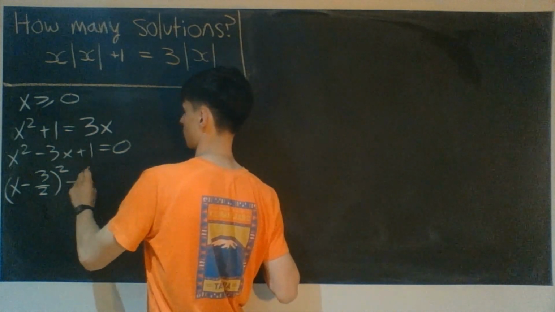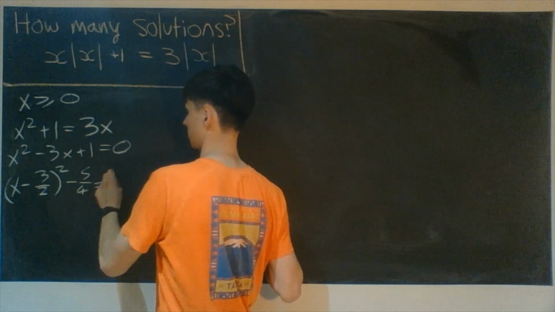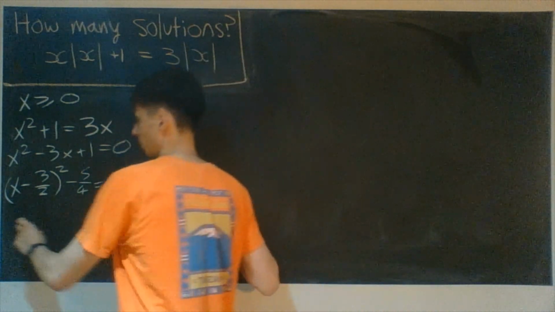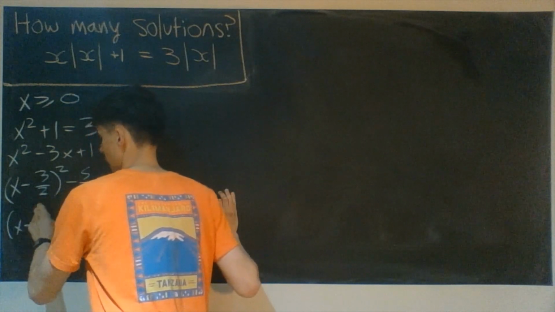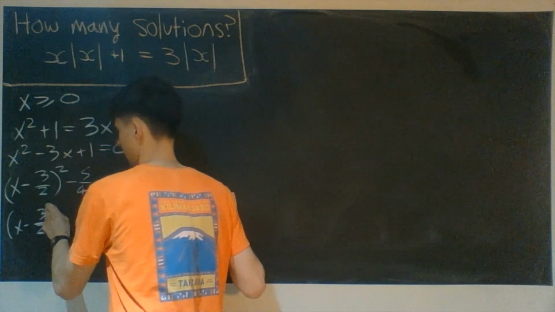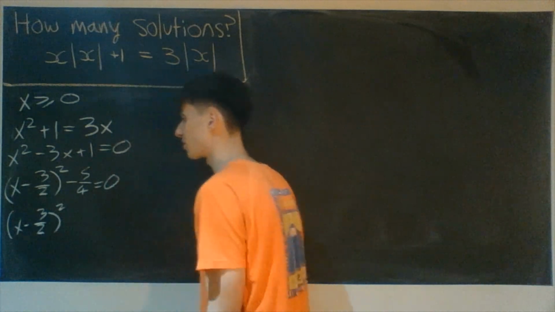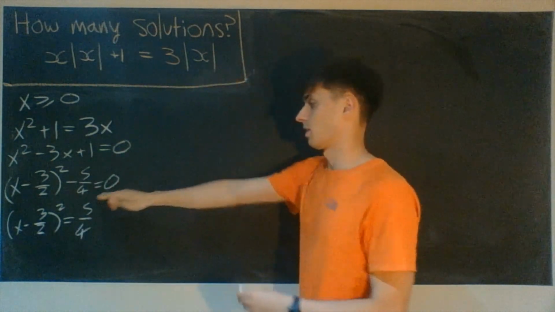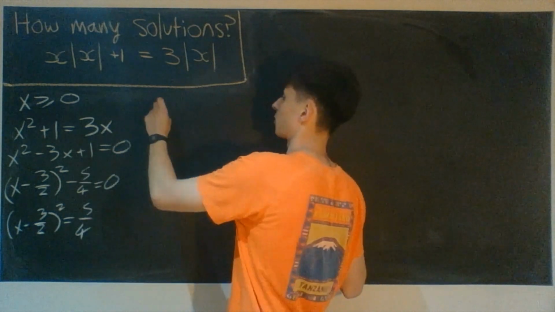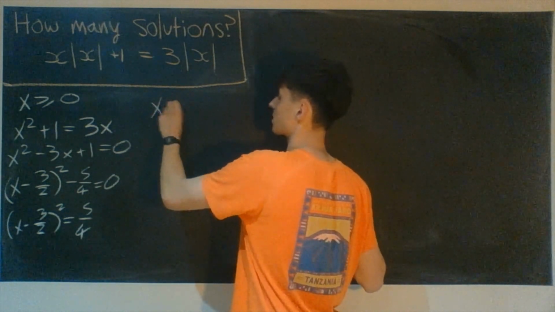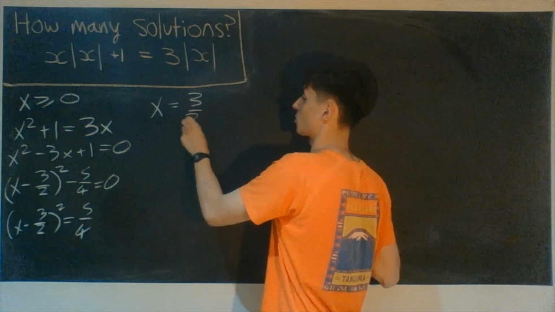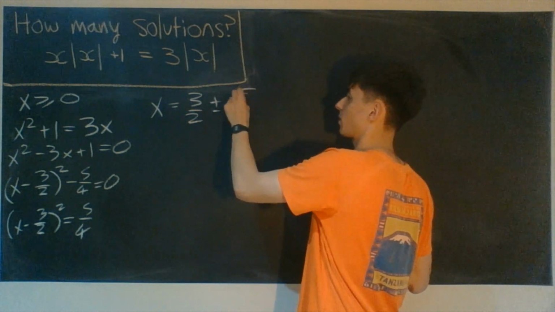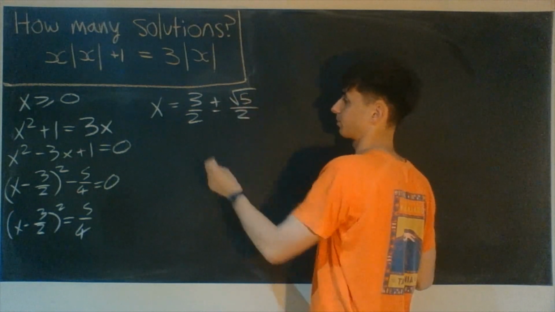So that should be minus 5 over 4 equals 0. So x minus 3 over 2 squared equals 5 over 4. Getting rid of the square and moving the 3 over 2 over, we should get x equals 3 over 2 plus or minus the square root of 5 over 2.